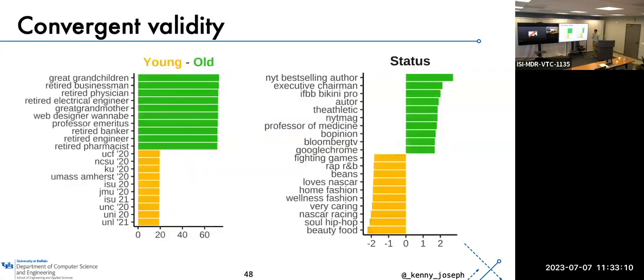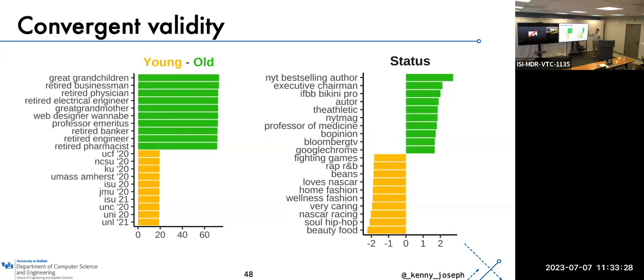And then we look at data linked to voter registration records. So we can look at the most common phrases for people who are older. There's some validity here, like those are old people things. These are young people things.